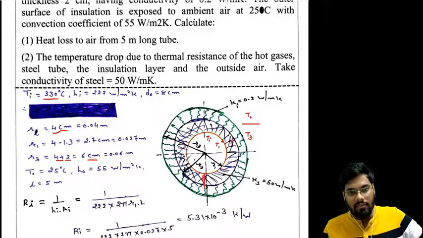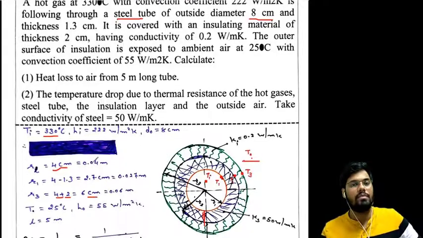The inside surface of the tube is at temperature T1, the outside surface at T2, and the outside surface of the insulating layer at T3. Heat will flow from higher temperature to lower temperature, from Ti to To, because Ti is 330 degrees Celsius and To is 25 degrees Celsius.